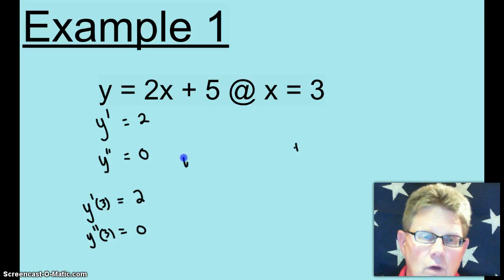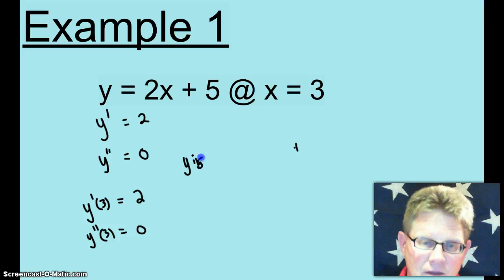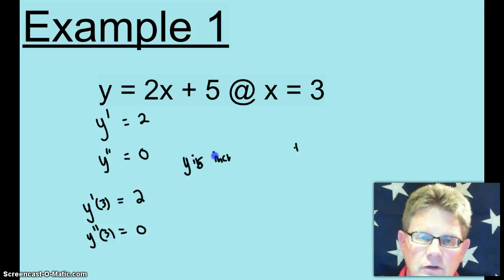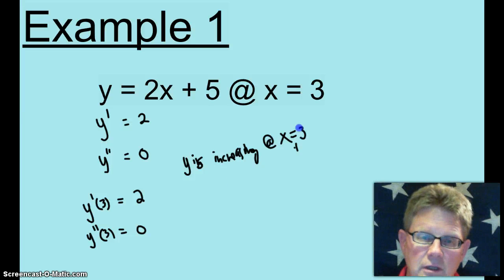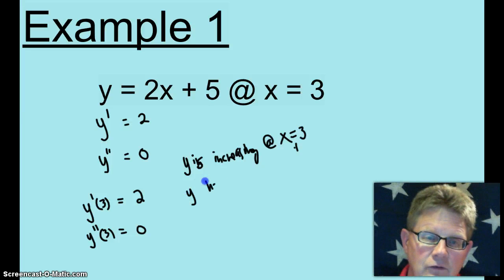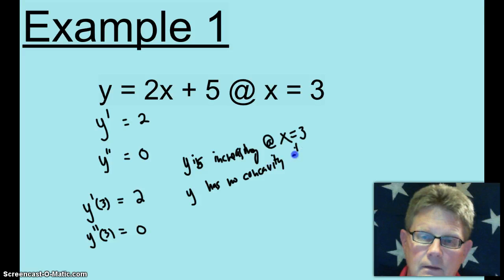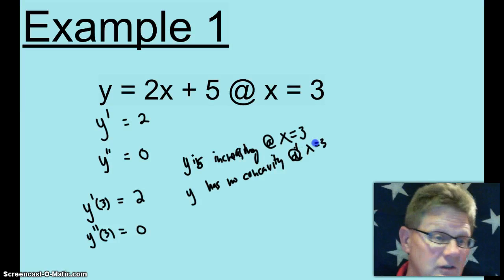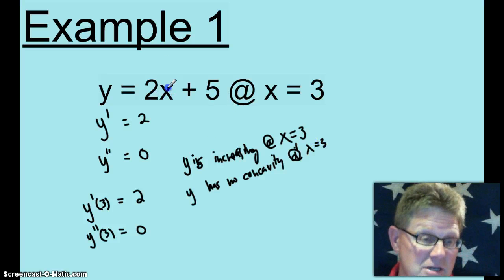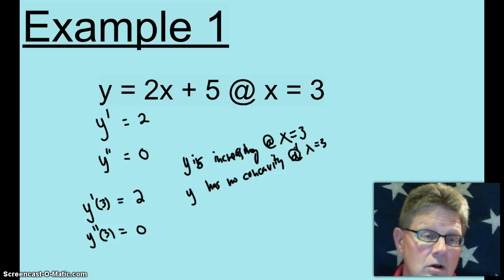That tells us that y is increasing at x equals 3, and y has no concavity at x equals 3. And that makes sense that it doesn't have any concavity because it's a line. Moving right along.